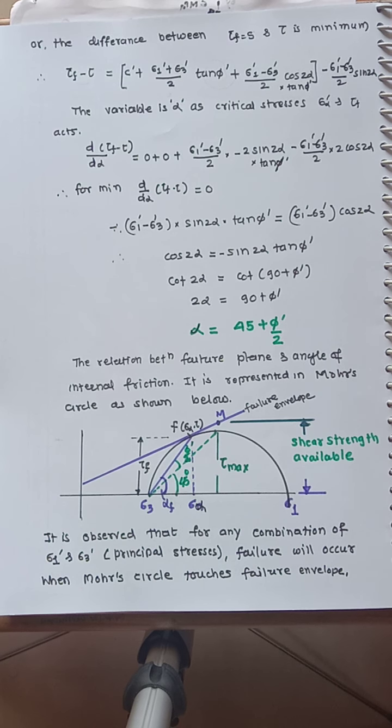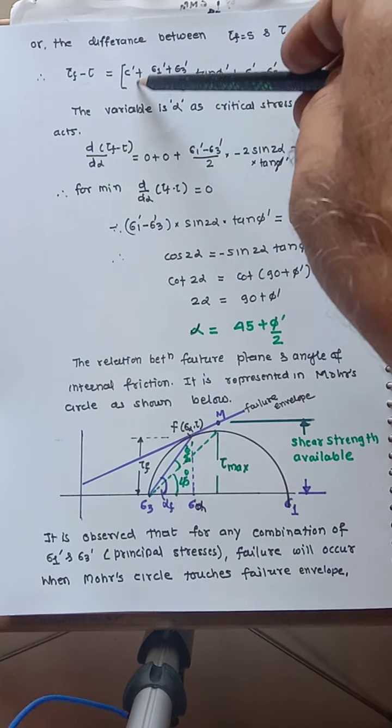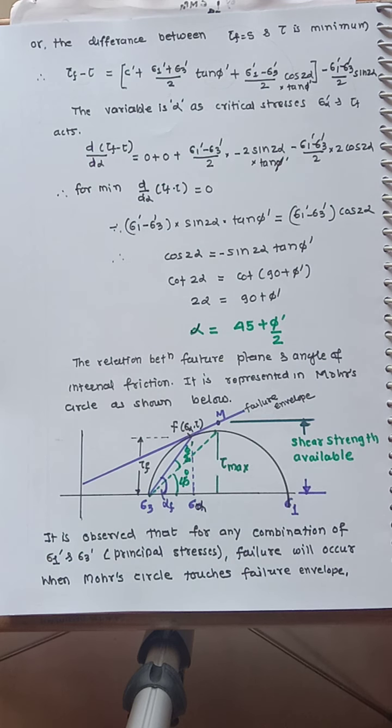On that failure plane, we get a sigma alpha and tau. The meaning is that alpha is a variable in these equations. If alpha changes, the entire stress condition changes. So if I differentiate this difference, shear strength and shear stress, with the variable that is alpha, and I go by the maximum and minimum case, as we know in simple mathematics.